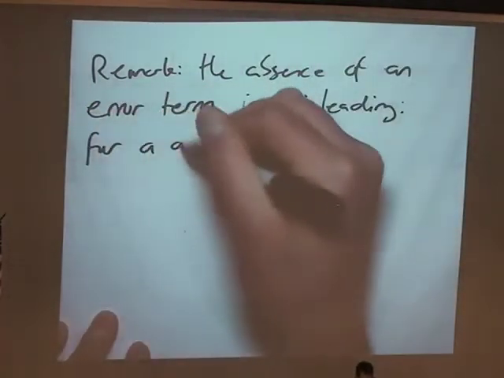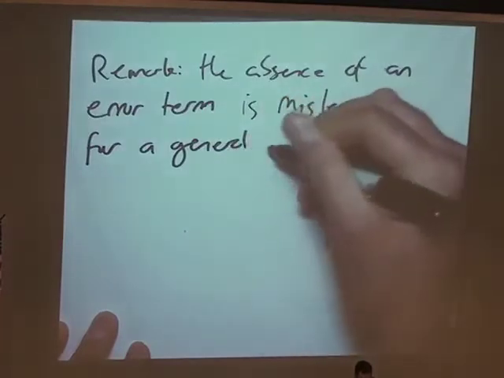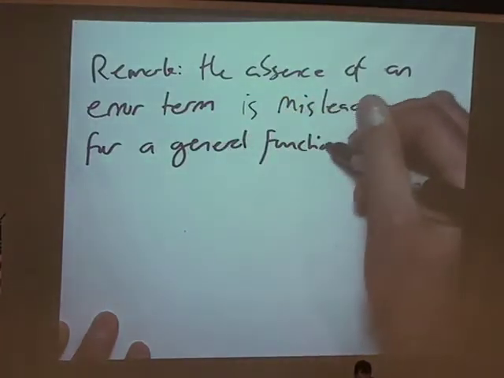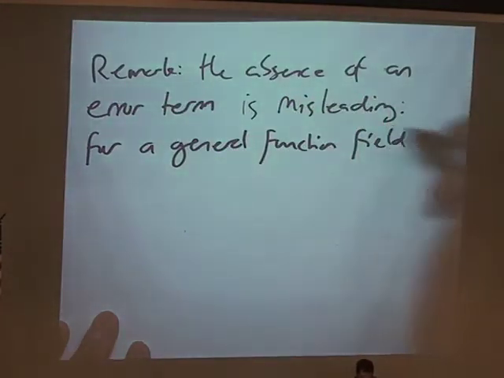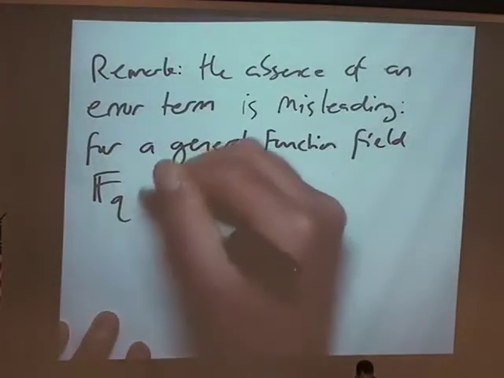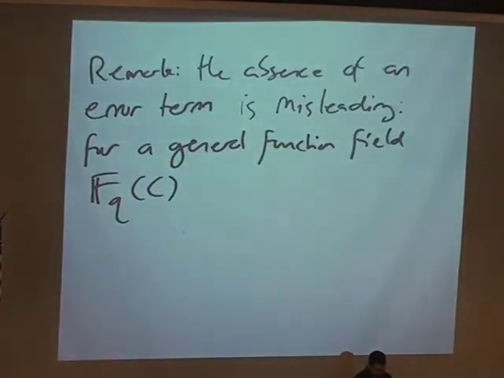And so for a general function field, FQ parentheses C, we will indeed have, so in the notes I explain this at more length and talk about divisors and effective divisors for those of you who don't ordinarily think about those things.